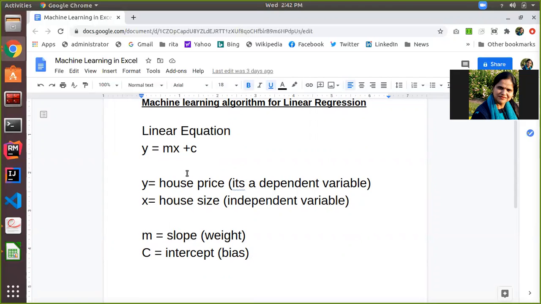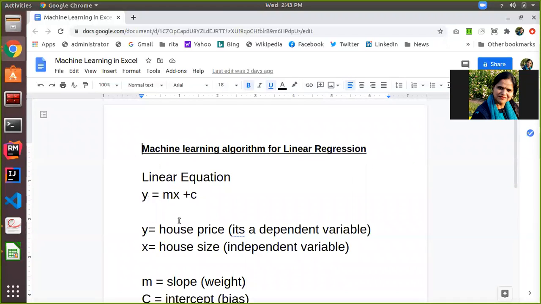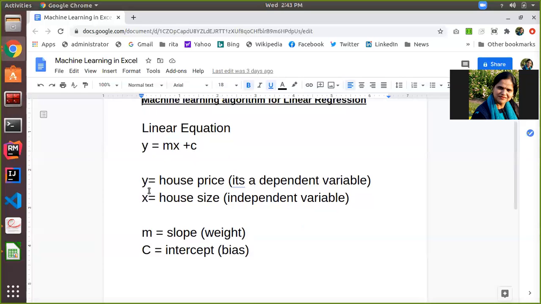When we put x equal to 0 in this straight line equation, the value of y which we get is known as intercept. Using this equation, I am trying to find the best possible value of slope m and intercept c over a number of iterations so that there is minimum error.